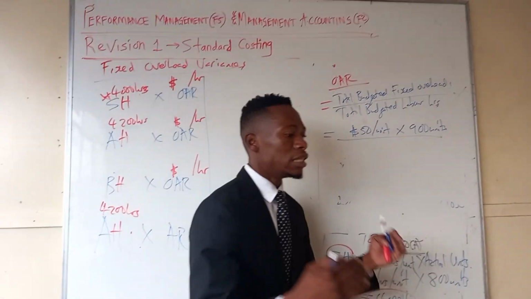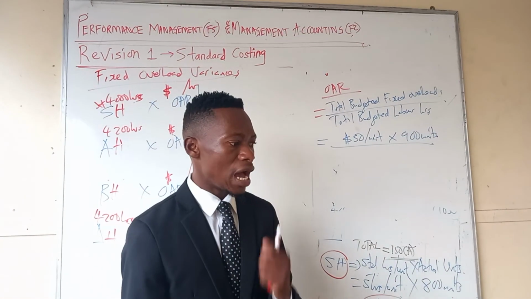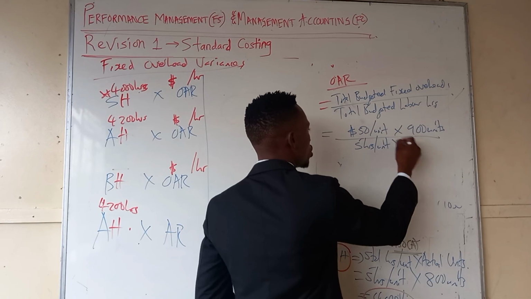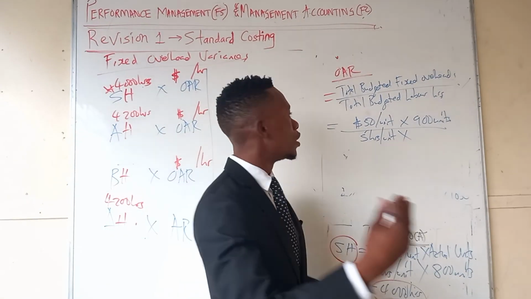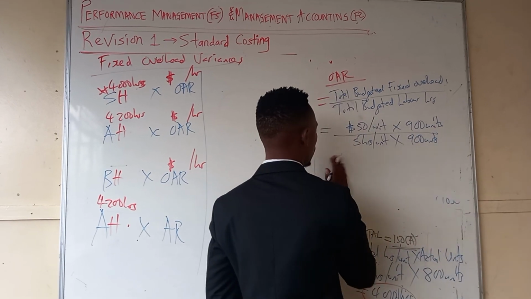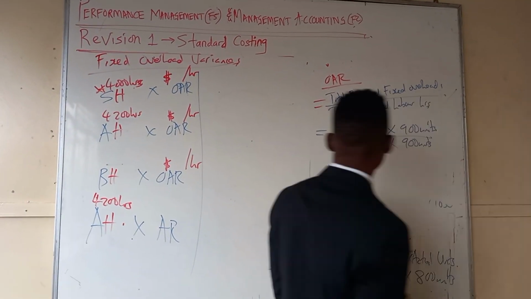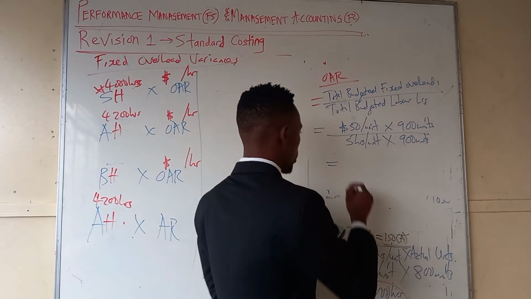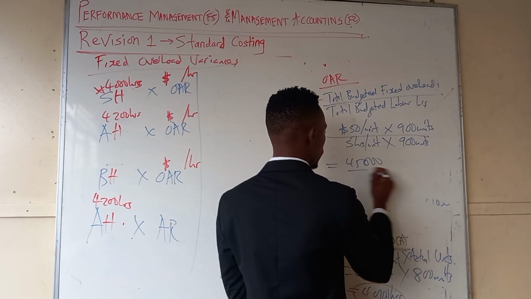Am I given the budgeted labor hours? I'm not. I'm given 5 hours per unit. So for me to get the total, you multiply by the 900 units. Right. So this will be what? 50 by 900. That's 45,000.